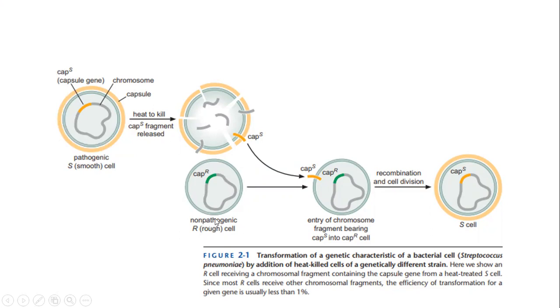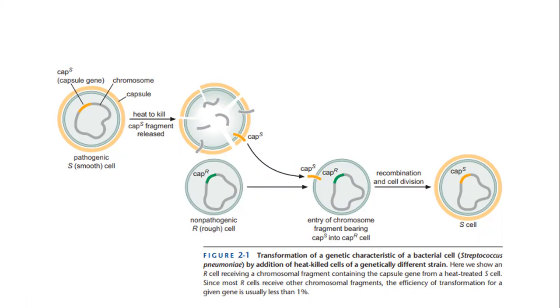There is another strain of Streptococcus pneumoniae, the rough strain or rough cell. That means they are devoid of a capsule around their body, and that absence of capsule is due to the presence of the allele Cap-R.